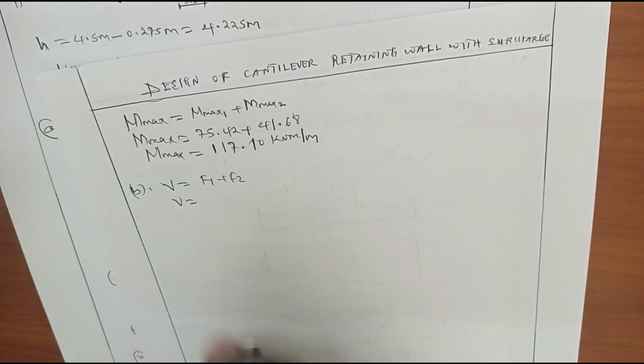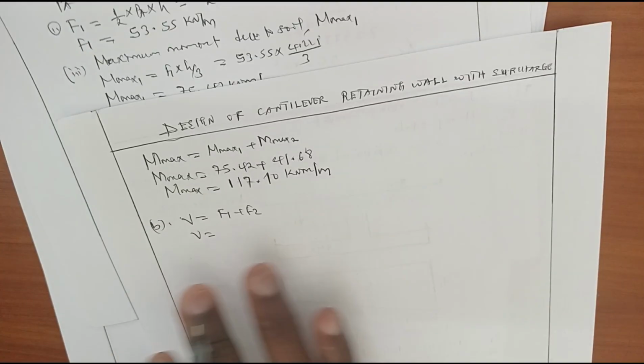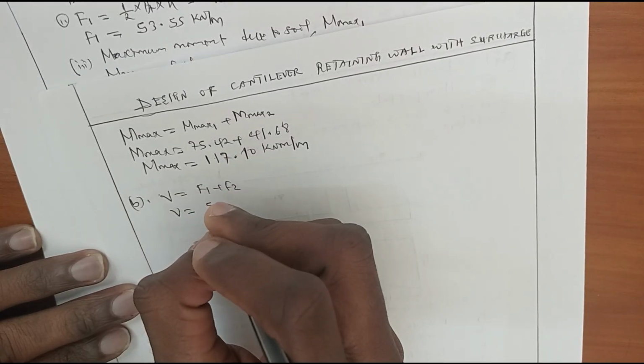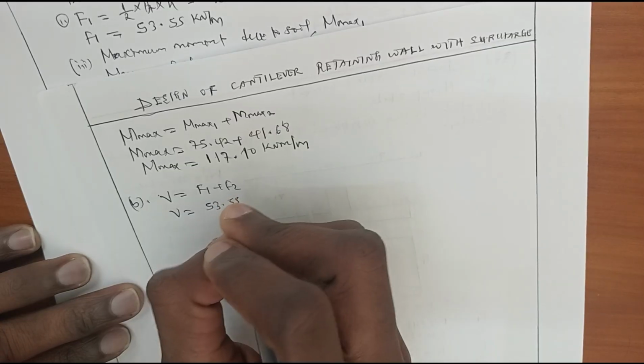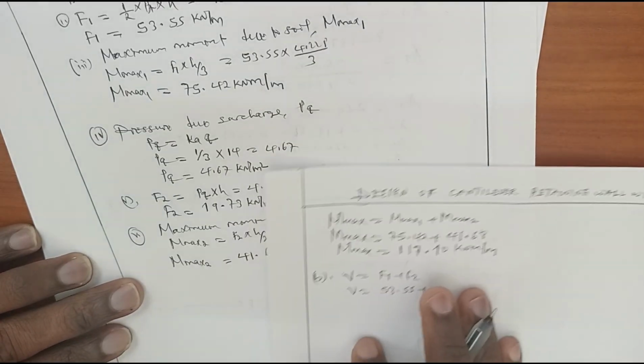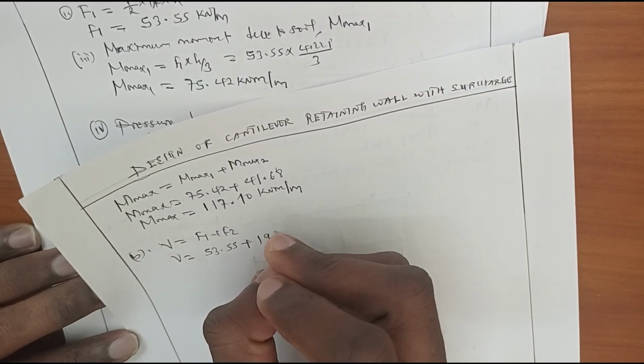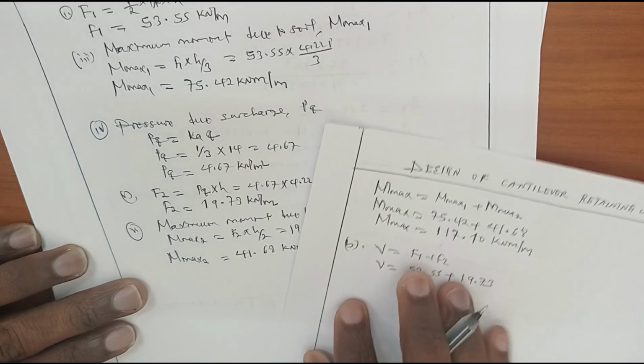Maximum shear force will be equal to the horizontal force due to soil, which is force 1, was 53.55, plus the horizontal force due to surcharge was 19.73.